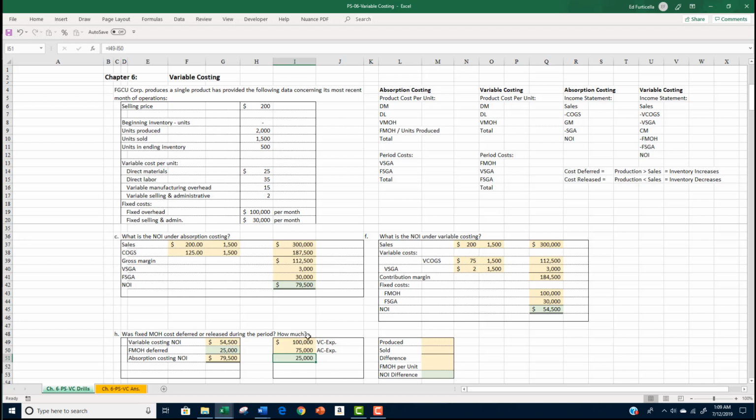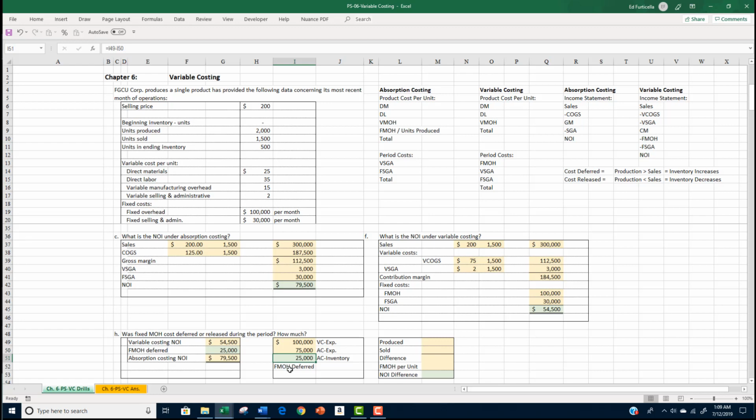So what did we do? We deferred that cost by putting it into inventory, which is an asset, and we'll recognize that cost at a later date once we sell that inventory. So what do we say we've done here? We say that we have deferred $25,000 of fixed manufacturing overhead. When will this happen? This is going to happen anytime the change in inventory results in an increase.